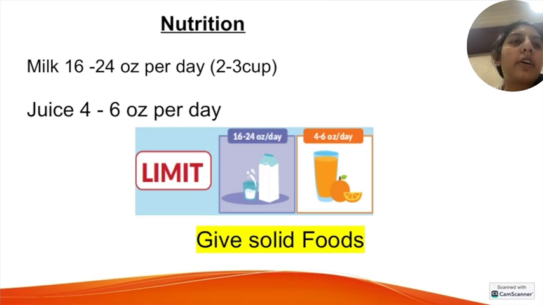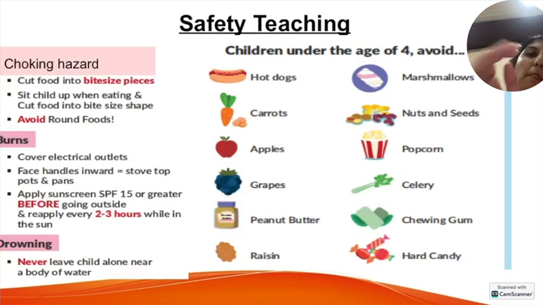We always avoid round foods. Big foods to avoid are popcorn, peanuts, grapes, carrots, hot dogs, and hard candy.